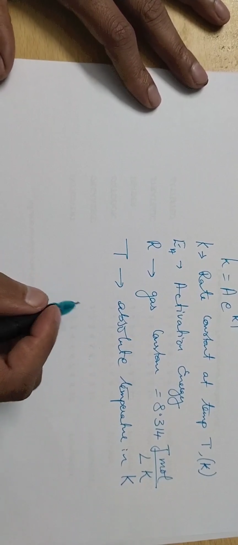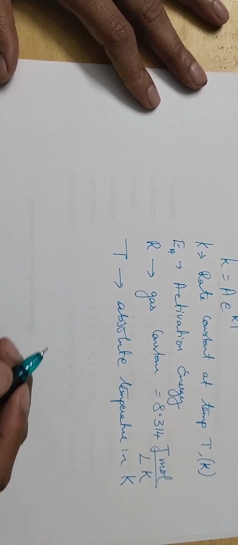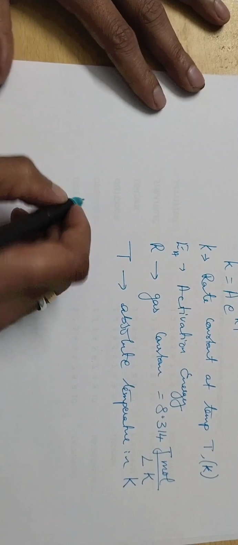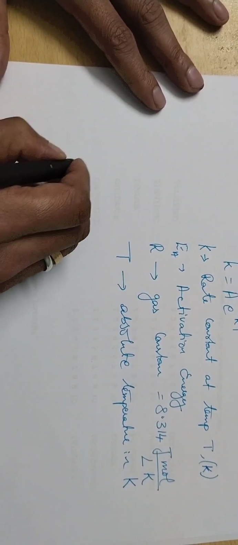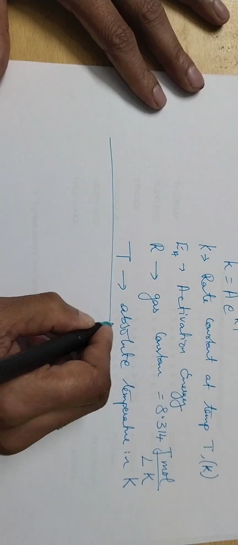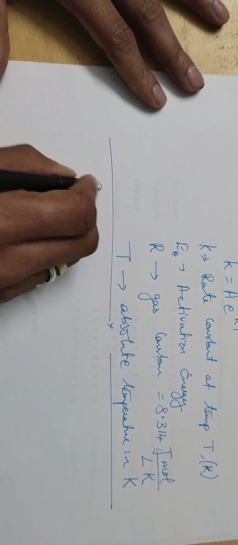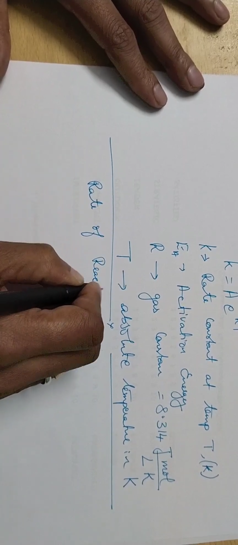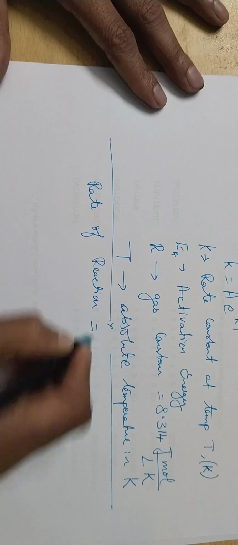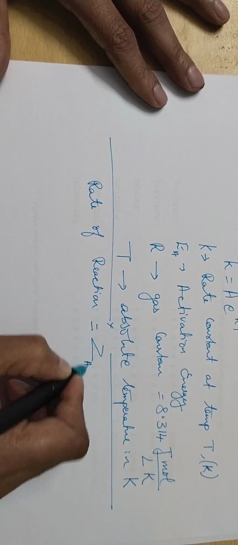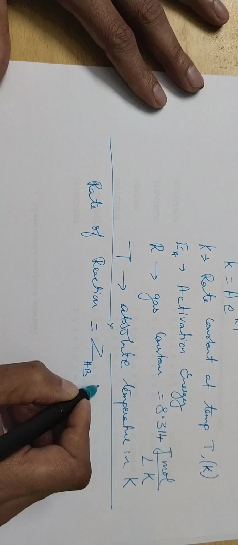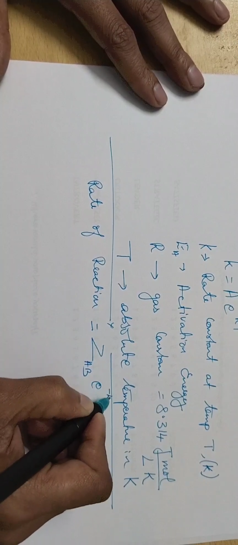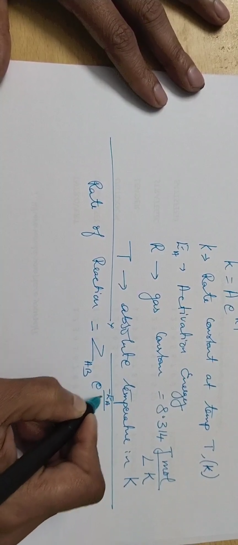Now we have another expression where the rate of the reaction is equal to ZAB e to the power of minus EA divided by RT.